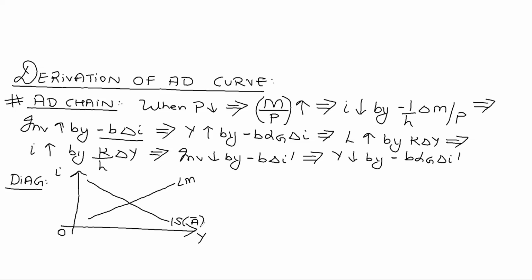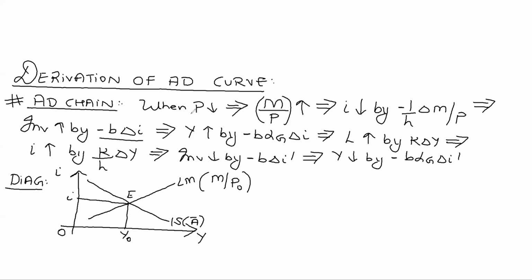If you remember, A bar was C bar, TR bar, TA bar, G bar, I bar, all the bars. And LM is drawn for a given level of money supply, M by P0, where P0 is the initial price. Initial equilibrium, initial interest rate, and initial equilibrium level of output in the economy.